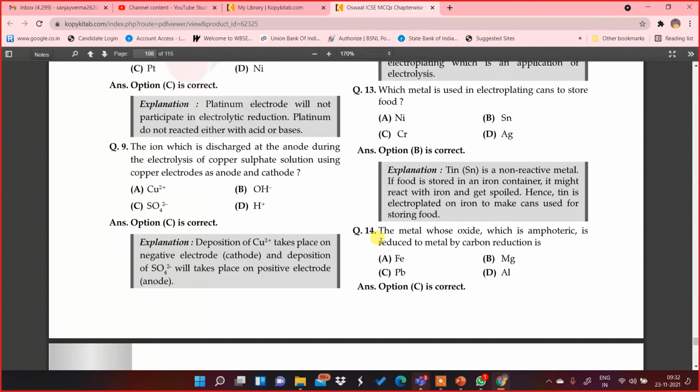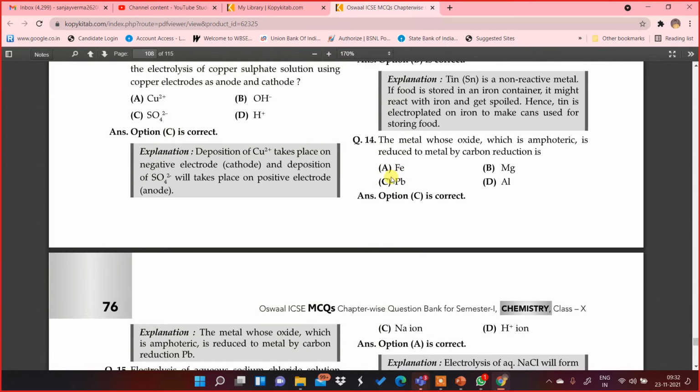Look at the question. The metal whose oxide is amphoteric. Now, what is the meaning of an amphoteric oxide?